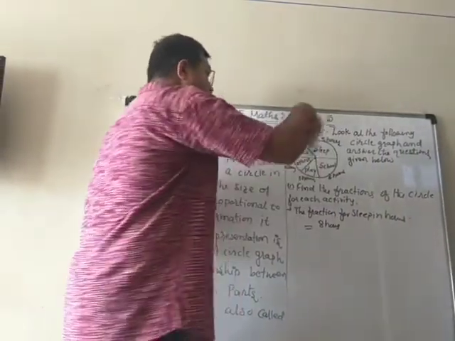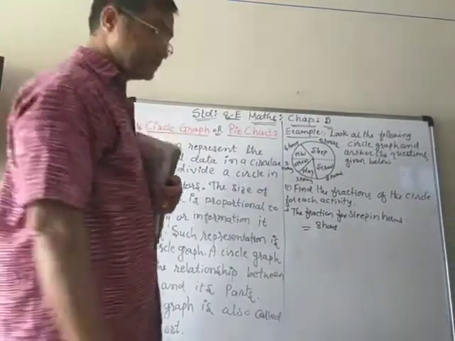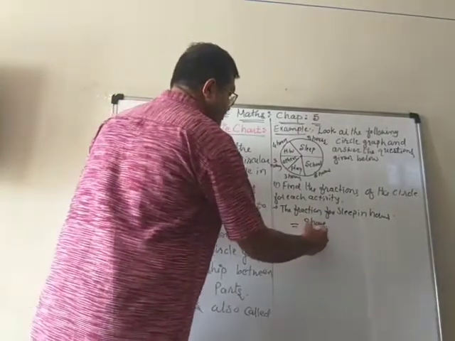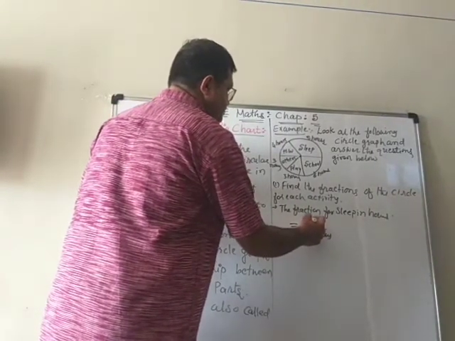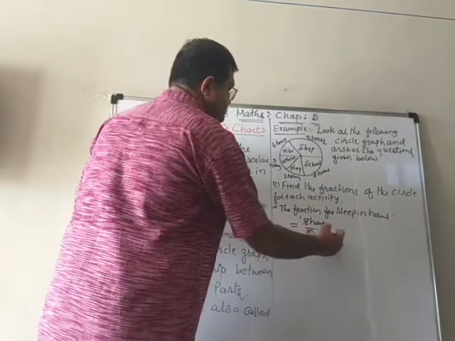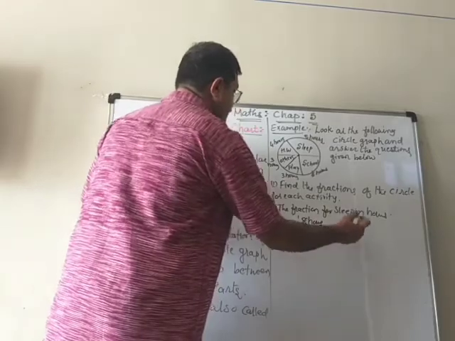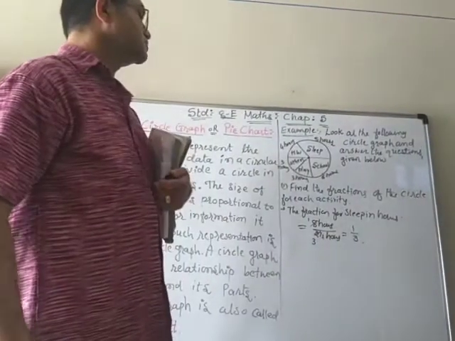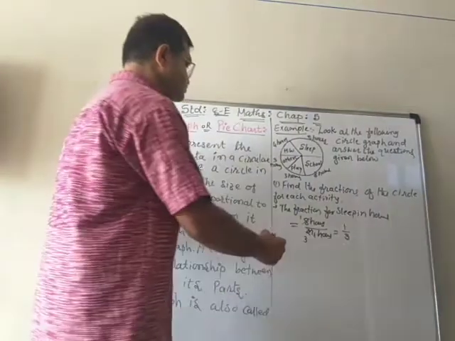And how many total hours are there in a day? Obviously 24 hours. So 8 hours divided by 24 hours. We know that 8 threes are 24. So the fraction for the sleeping hours is 1/3.